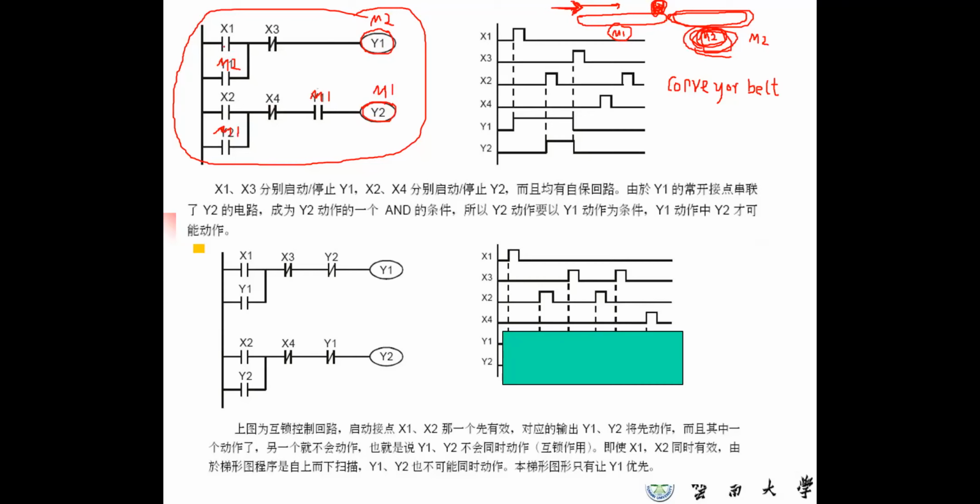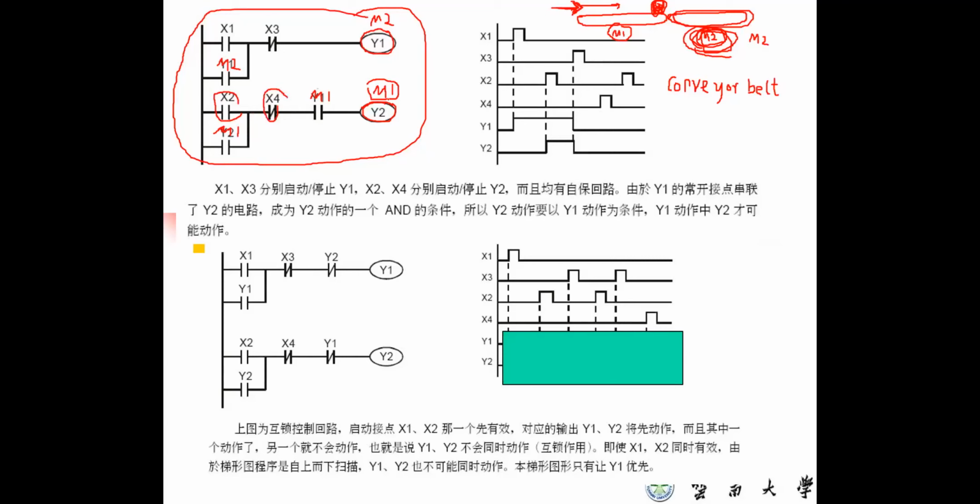So we can see, when we start model 1, the start button is what? This is the start button, X2, and hold, and this is a stop button.